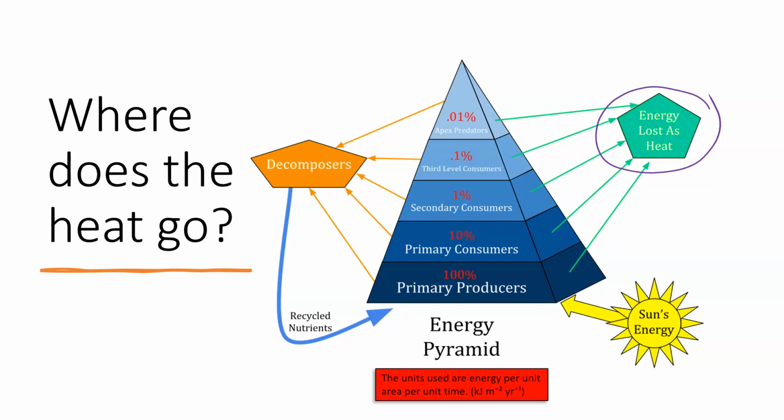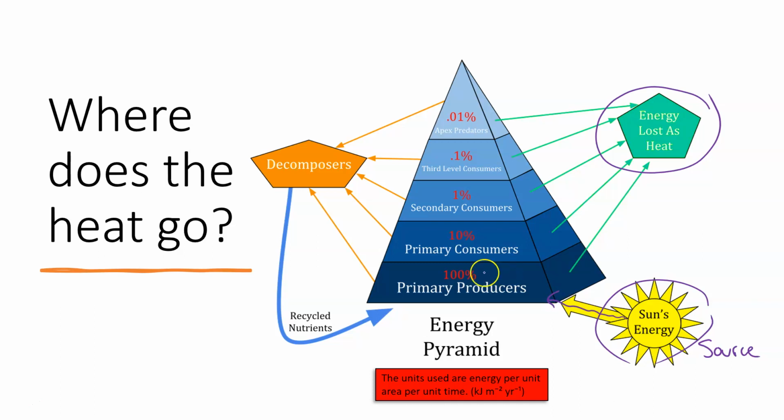Okay? So, how much energy is actually transferred from one level to another? Again, we've already talked about the sun being the ultimate source of energy, and it's no different here. All of the energy in any ecosystem across the globe, no matter where it is or what biome, is going to come from the sun. The sun is going to send its energy to the producer level.